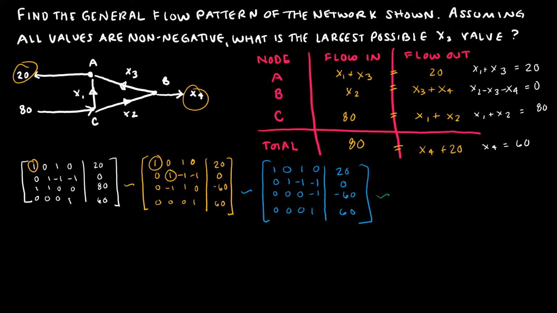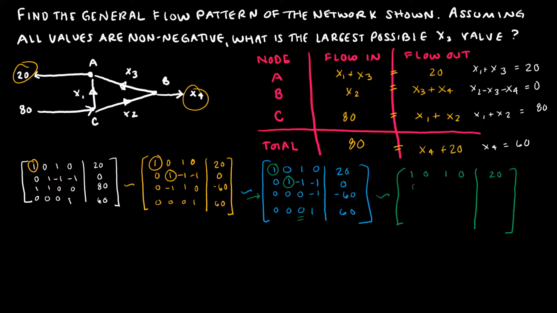From here, again, I've got a pivot here, I've got a pivot here, and it looks like no pivot in row 3, so now let's stick with a pivot in 4. Really I'm going to do two steps at once this time. For row 3, I'm going to multiply everything by negative 1. Nothing's changing in row 1 or row 2.